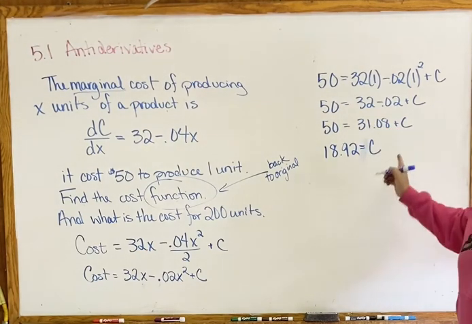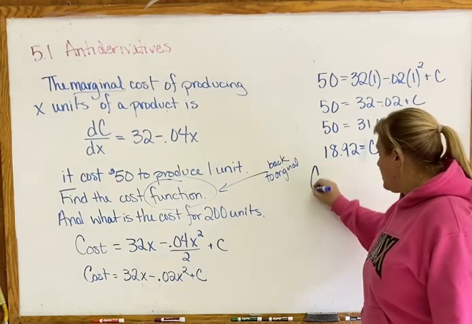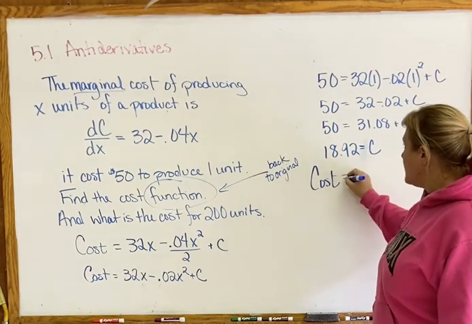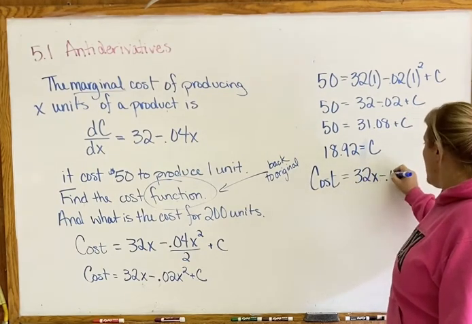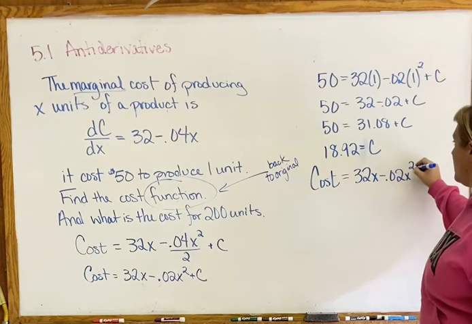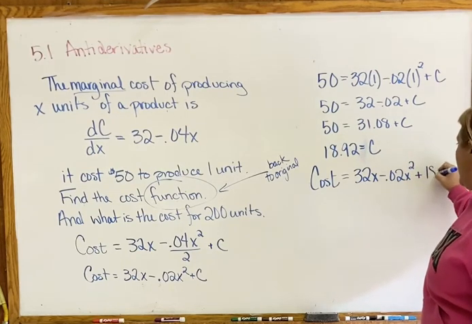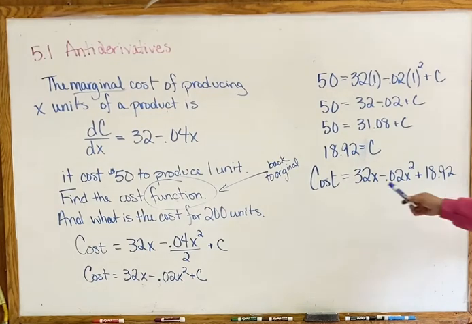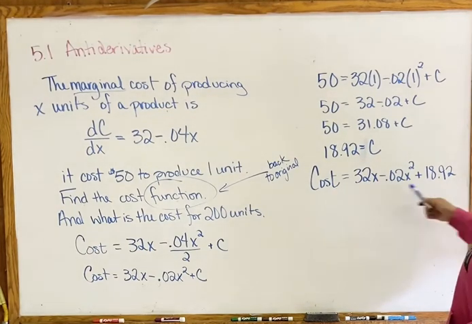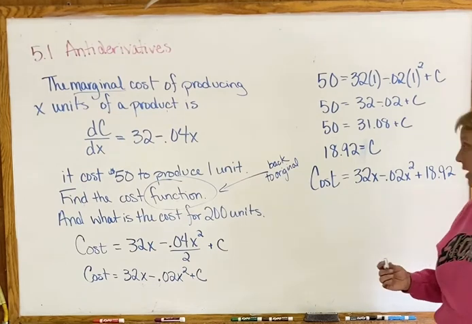All right, so we now have the actual cost function. The cost function, again, I'm writing it out in words there, is 32x minus 0.02x squared plus 18.92. So that is the actual cost function for our product. Then it also asks us, what is the cost when we want to produce 200 units? Now that we have the actual function, we can plug 200 in there and see what pops out.